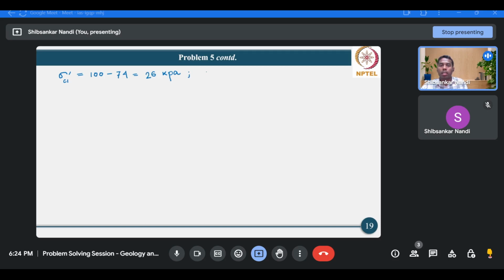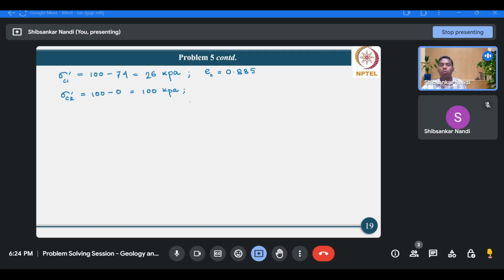At this condition, the value of e was 0.885. So this is the e0 value, the initial void ratio before consolidation occurs. And sigma C2 prime would be simply 100 minus 0, that is 100 kPa.